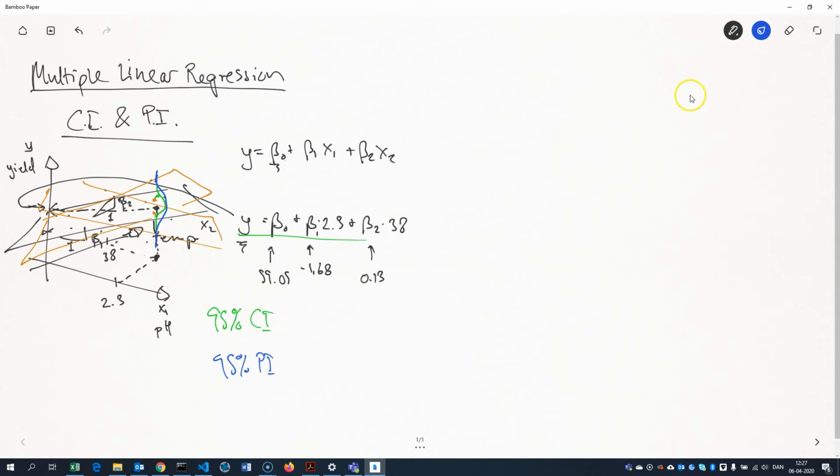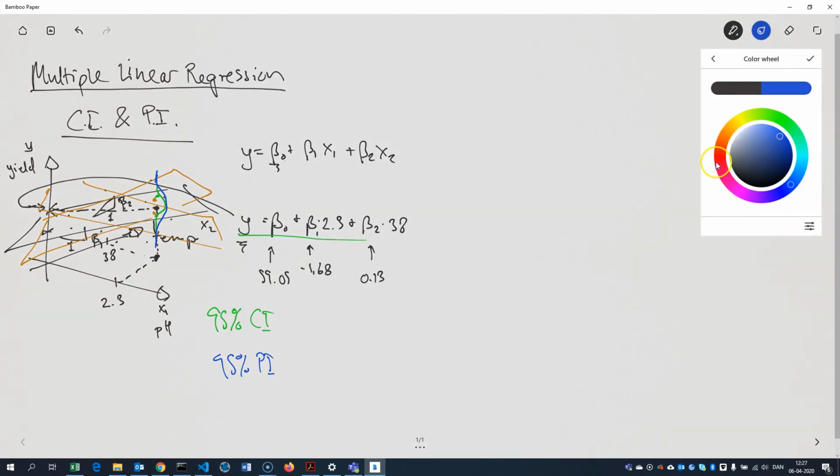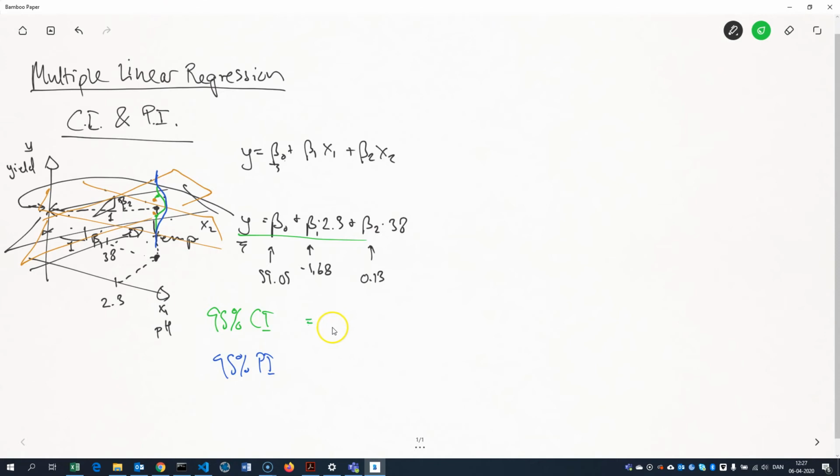The way we compute the prediction interval and the confidence interval, the general idea is the same. We have the most probable outcome, that's this y value here, so that's just beta naught plus beta 1 times x1 plus beta 2 times x2.